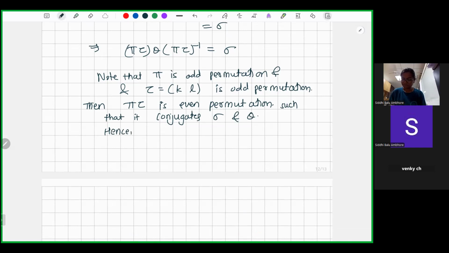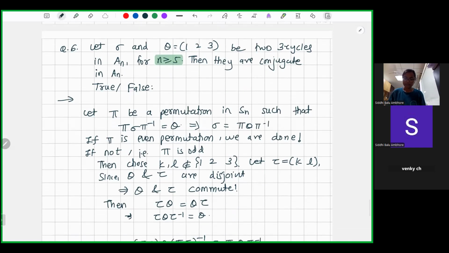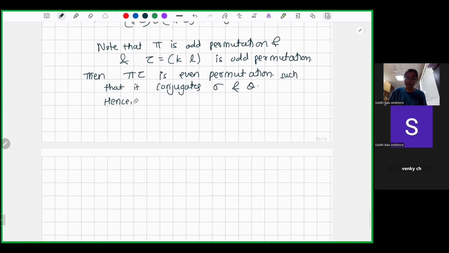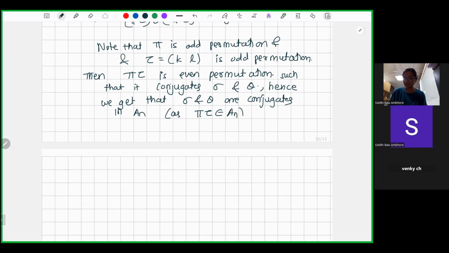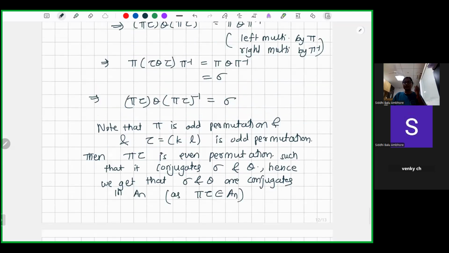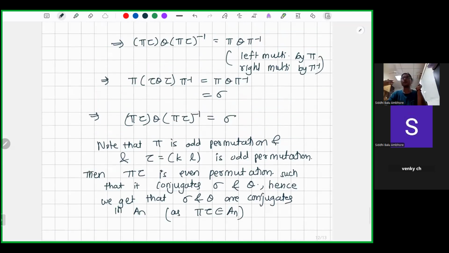Hence, we got that they are conjugating. Hence we get that sigma and theta are conjugates in AN, as pi tau belongs to AN. Okay, so we produced an element of AN such that it conjugates theta and sigma.